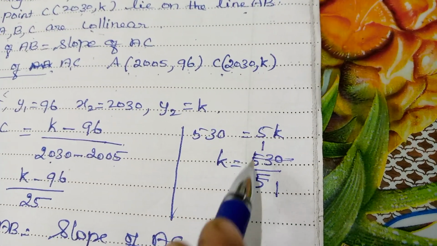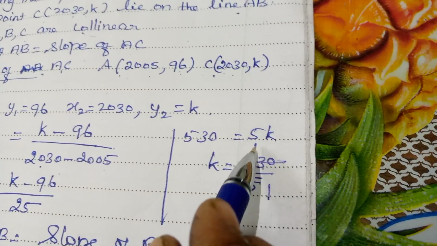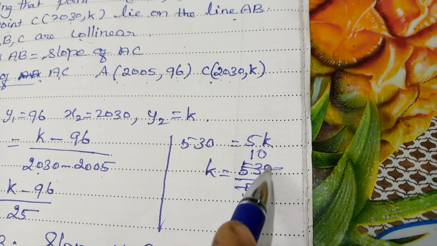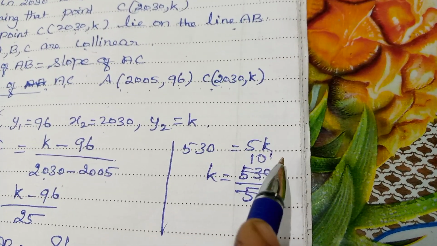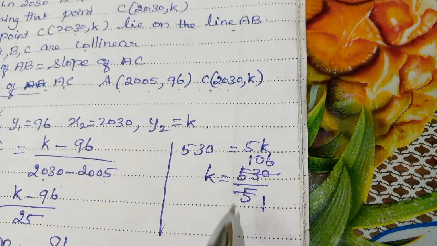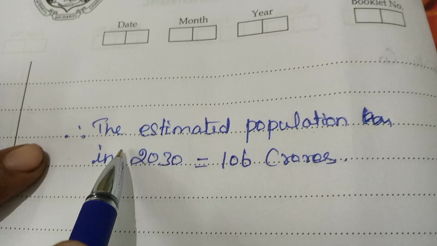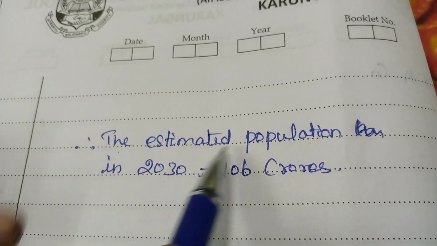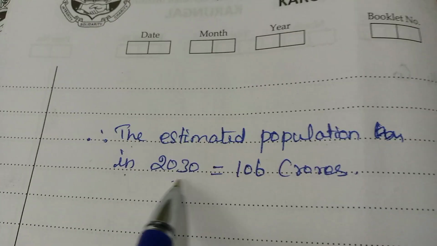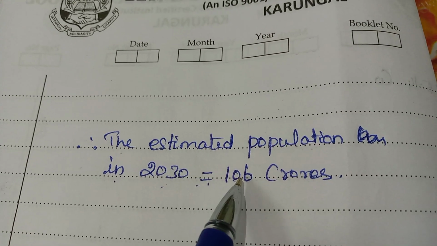Next 3 not going, so 0. 30 together, 5 6 are 30. So which is equal to 106. Therefore, the estimated population in 2030 is equal to 106 crores.